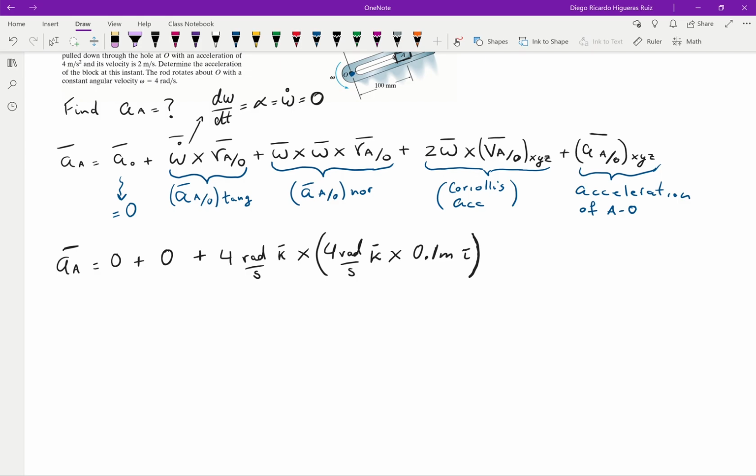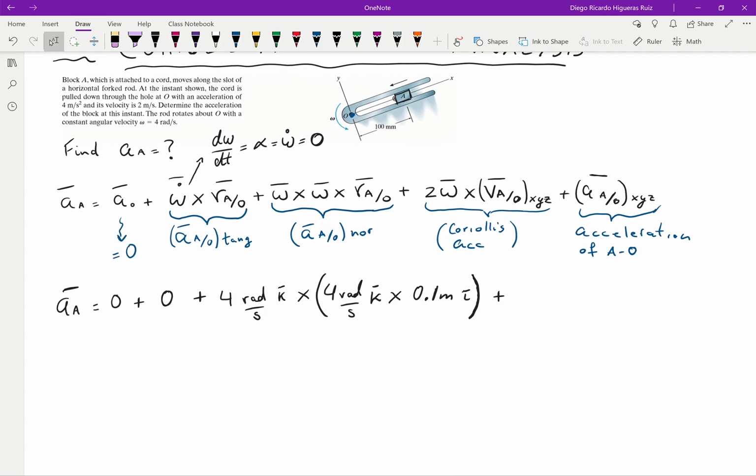Alright, then we're gonna have the Coriolis acceleration, which is twice the angular velocity, and that's gonna be 4 radians per second k cross product the velocity of A with respect to point O, and that's given in the problem.